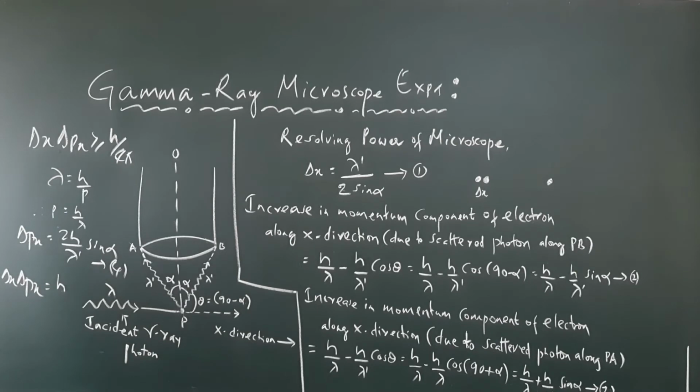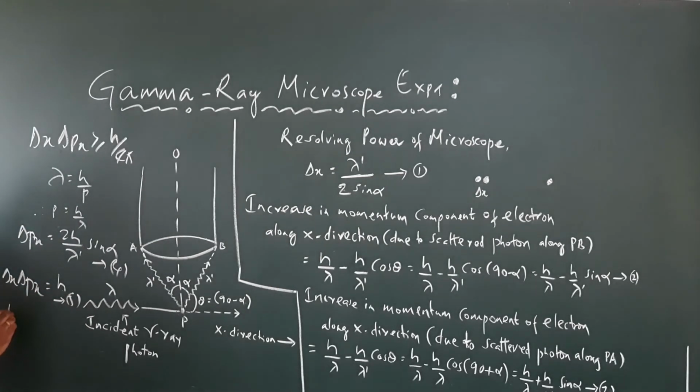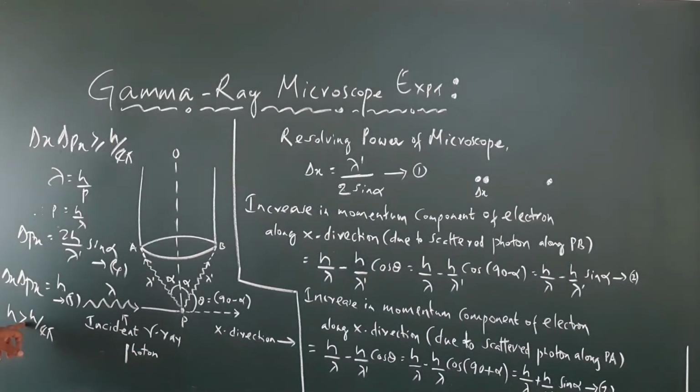Let's call this equation number 5. We know that h is always going to be greater than h divided by 4 pi.